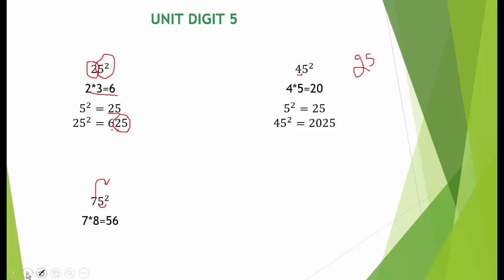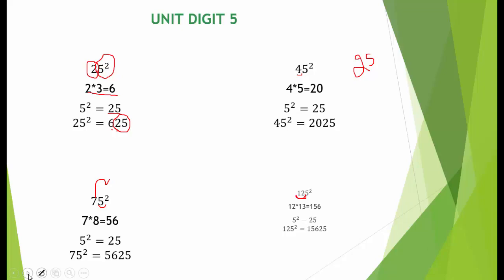That is the square of 75. Now 125. Simply take the first two digits, that is 12, and the next number after 12 is 13. If we multiply 12 into 13 then we get 156. Now the square will be 156 25.